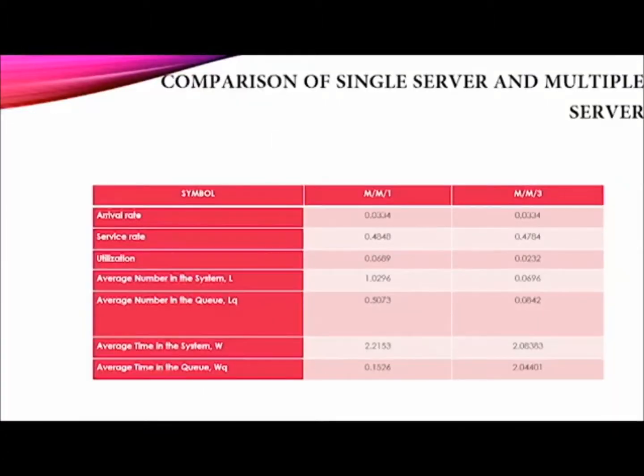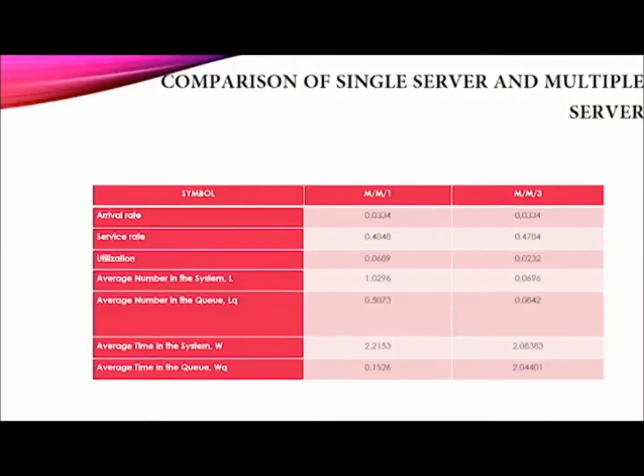As you can see in the video, there is a table that shows some characteristics when we are testing the server: average service rate, utilization, average number in the system, average number in the queue, LQ, average time in the system, W, and the last one, the average time in the queue, WQ. In the second and third columns there are M/M/1 and M/M/3. So let's compare these two models.